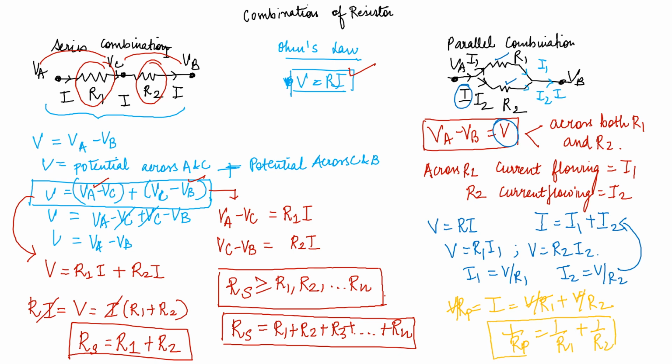That is the resistance in parallel combination. And another thing which we have seen is that Rp is smaller than or equal to the smallest resistor present in the combination.